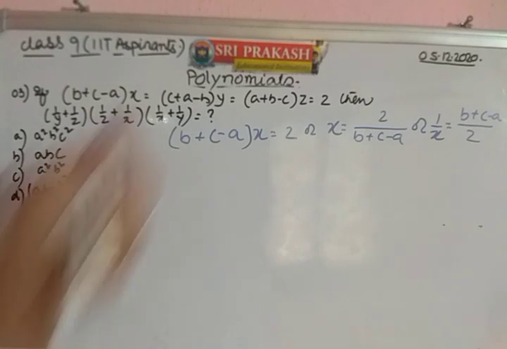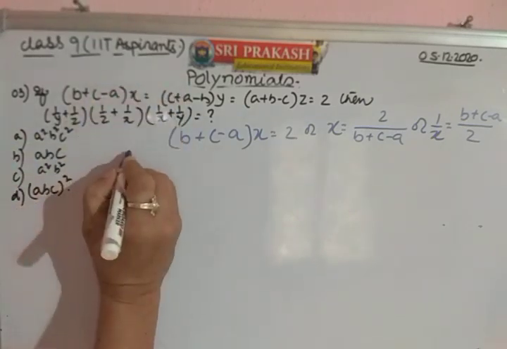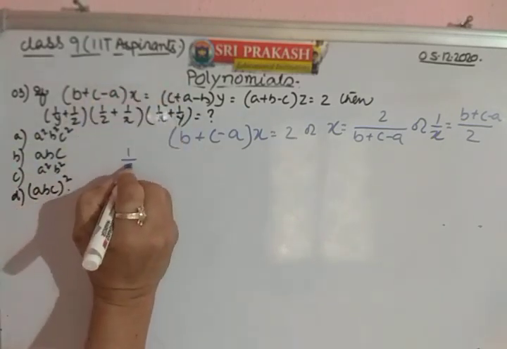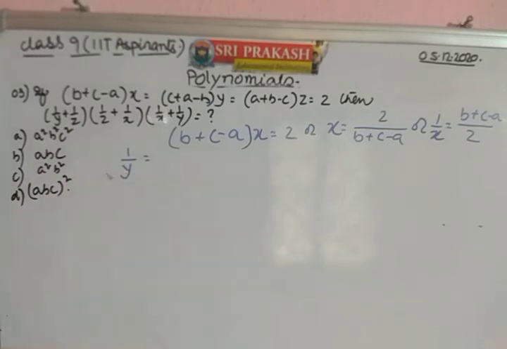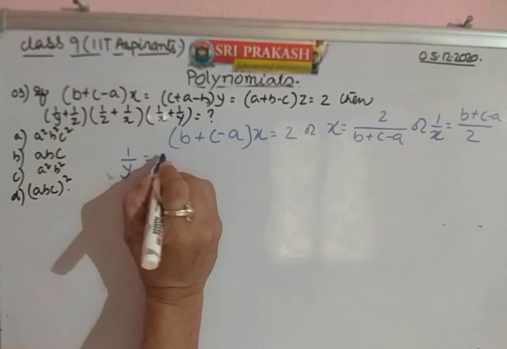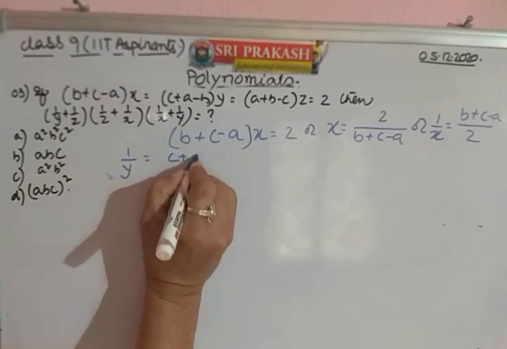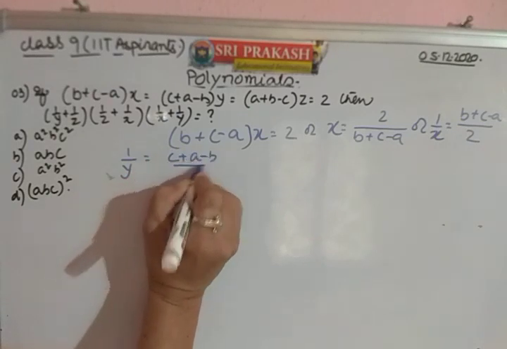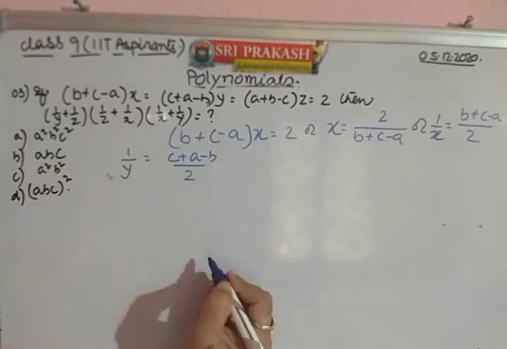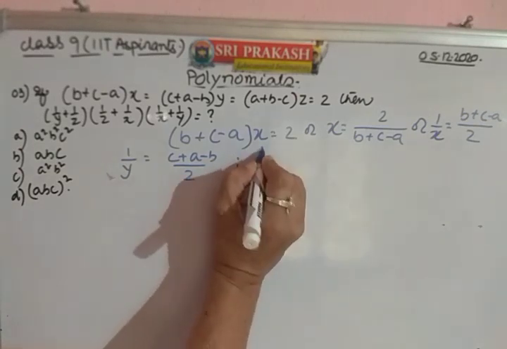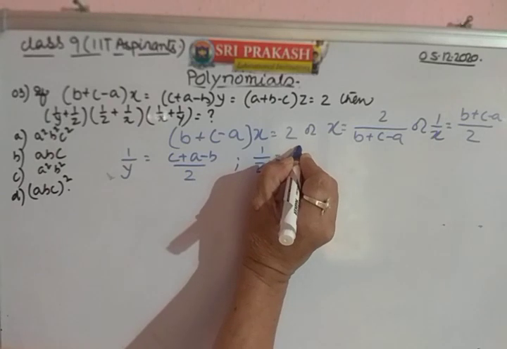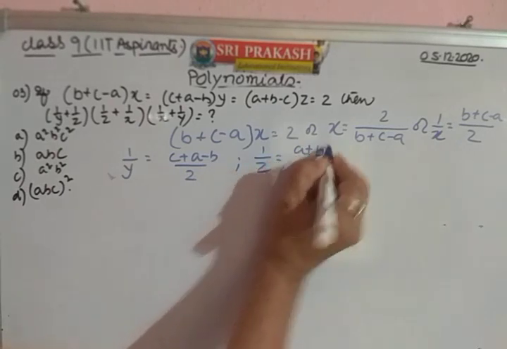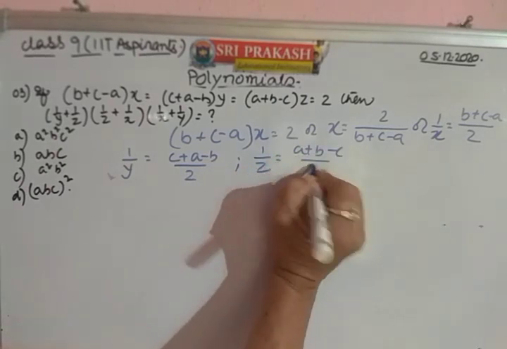In the same way, 1 by y will be c plus a minus b by 2. In the same way, the value of 1 by z will be a plus b minus c by 2.